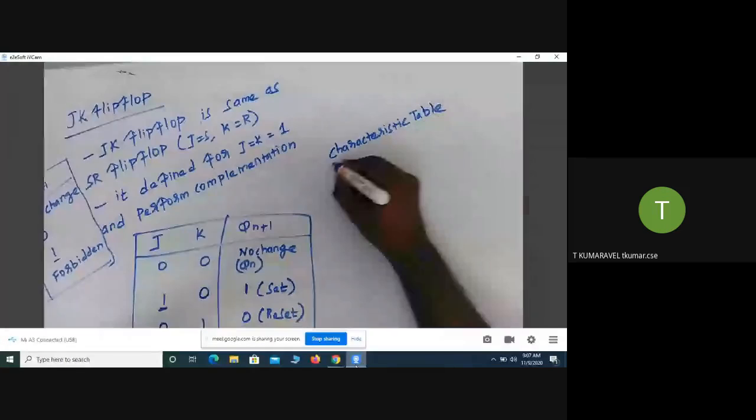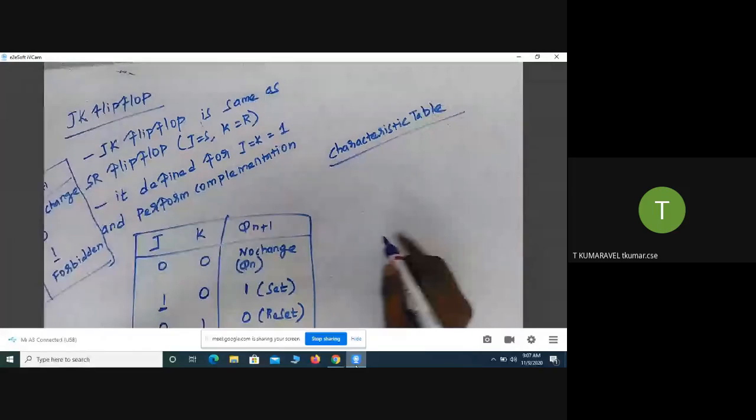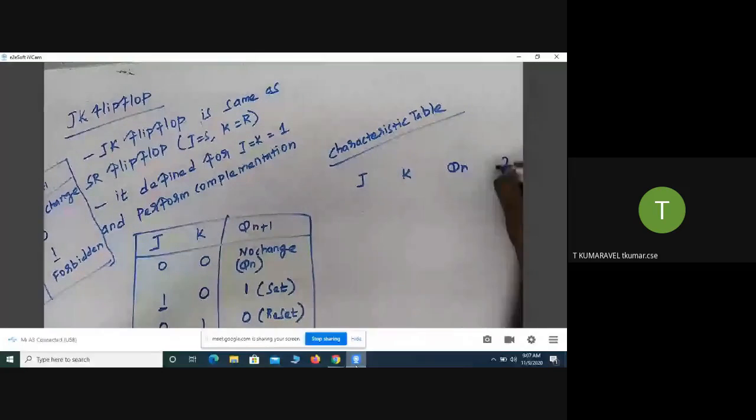Suppose my flip flop is a JK flip flop, and along with the inputs I provide the previous output, and then I predict the next stage output. That is called a characteristics table.